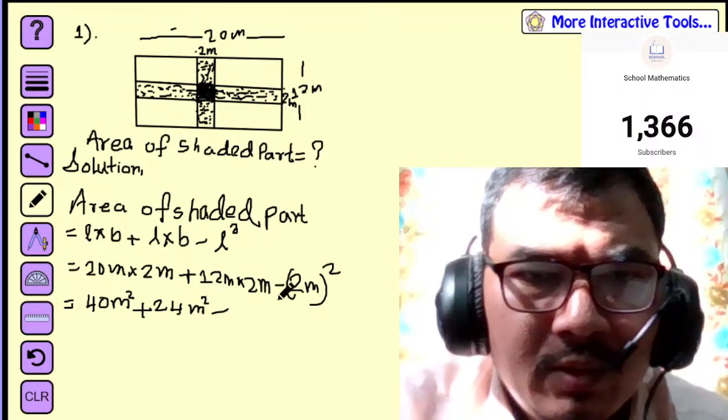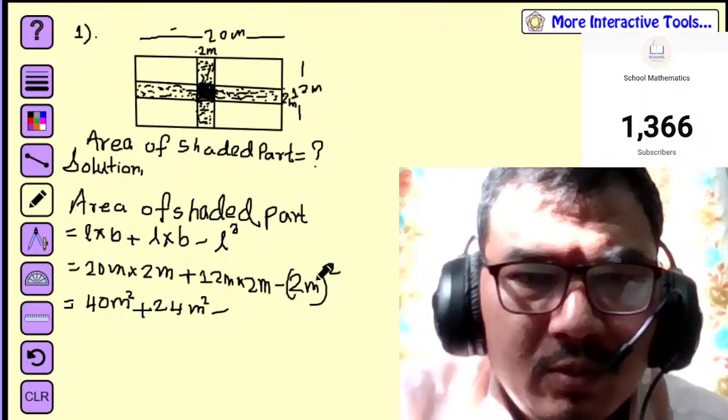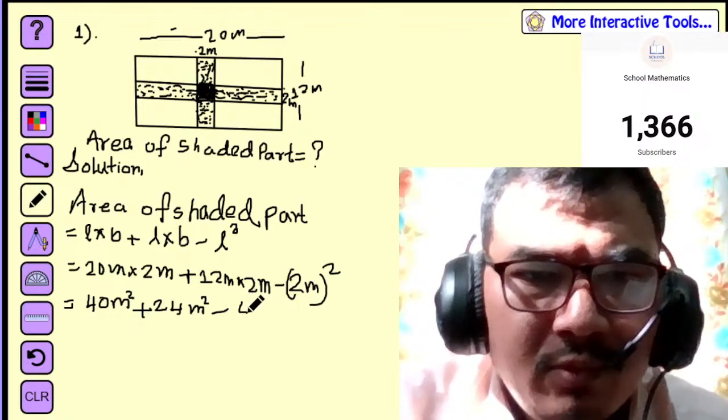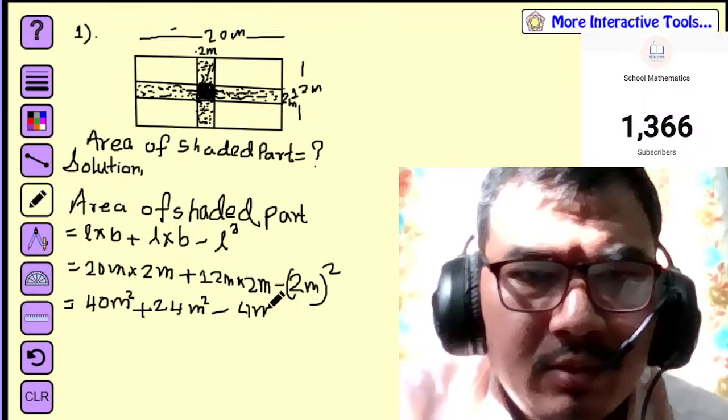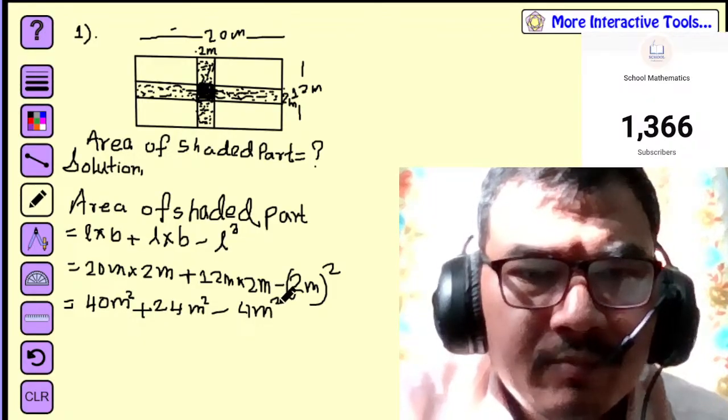And we know 2 meter whole square means 4 meter square.